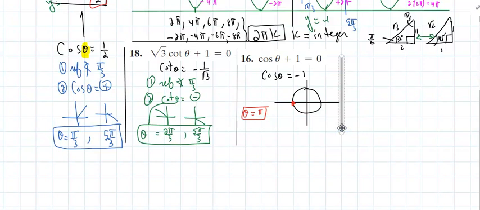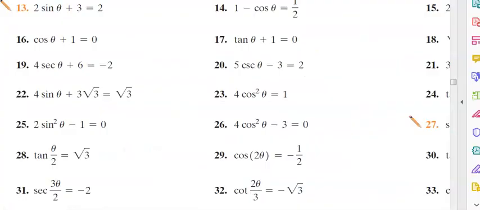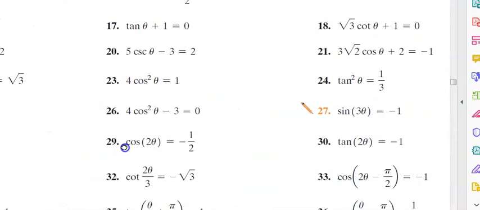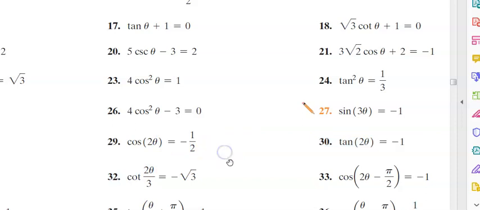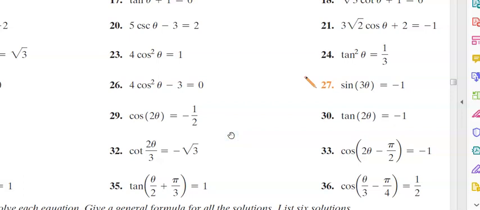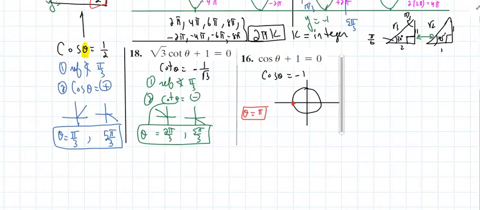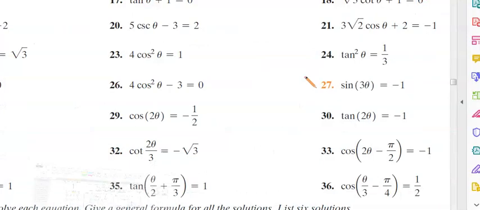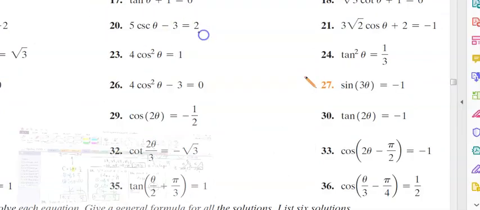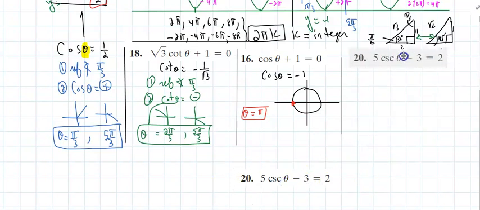Then what if I look at number 20? And what do we notice here?